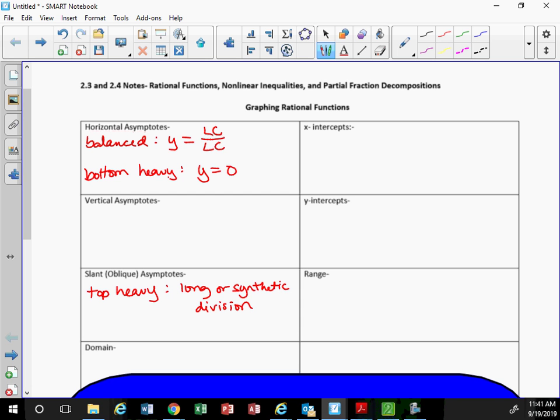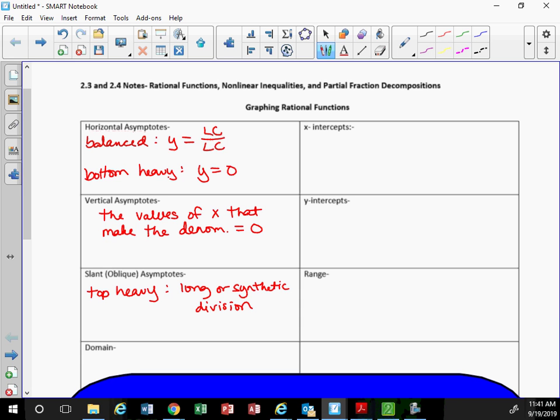Okay. All right. Vertical asymptotes. Where does that come from? Denominator. Good. What do I do with the denominator? Okay. So it's the values of x that make the denominator equal 0.